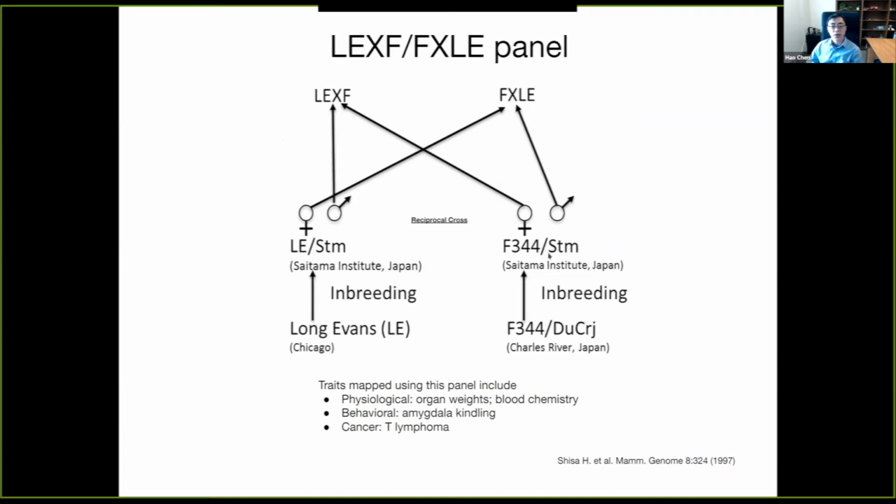The Fisher 344 is the other parental strain, and these two parental strains were then used to generate this RI panel. This panel was generated in Japan, and there were not a lot of mapping studies done using them, but they have been used to map many physiological traits like organ weights and blood chemistry, and there are also some behavioral traits being mapped using this panel.